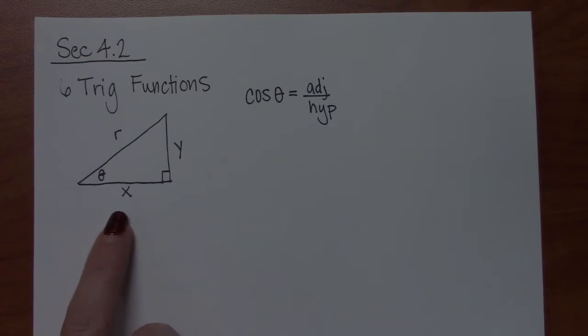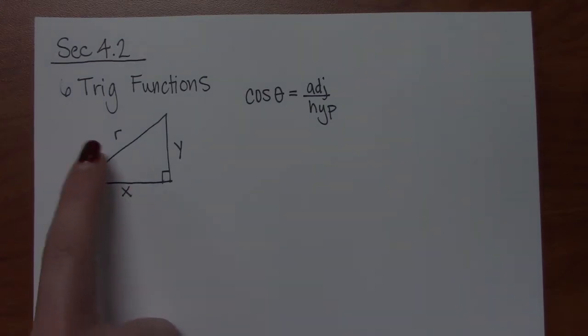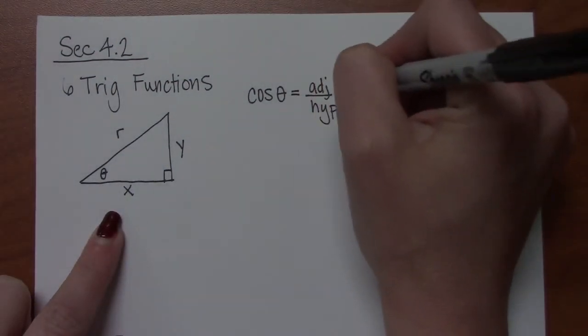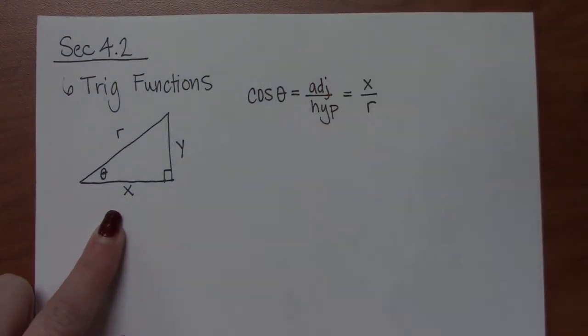So I used to get confused, because I'd be like, well, this is next to theta, but so is this, right? So when we talk about adjacent and opposite, we're only talking about the legs of the triangle, because the hypotenuse has its own special designated name. So adjacent is always going to be the leg that is next to the angle, right, excluding the hypotenuse. So if we say adjacent over hypotenuse, well, the way we've defined our triangle, that's x over r.